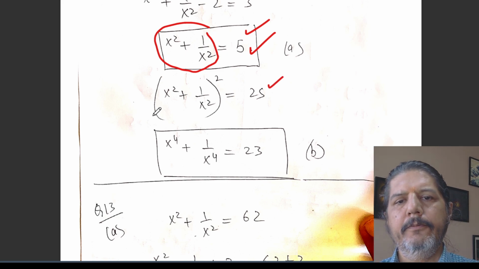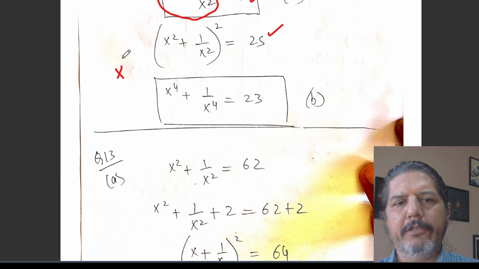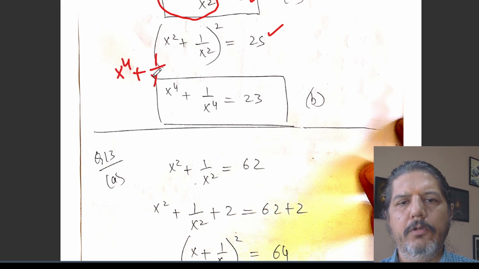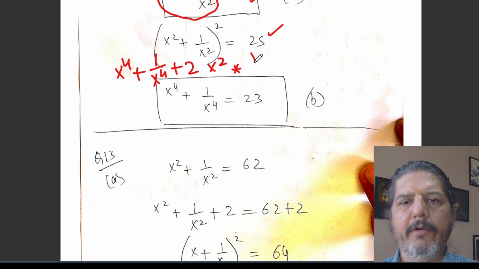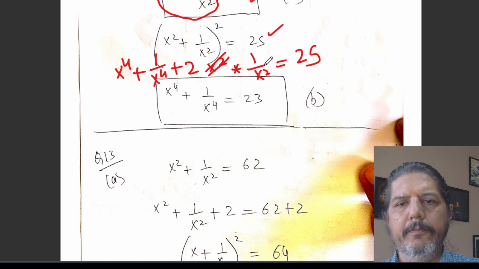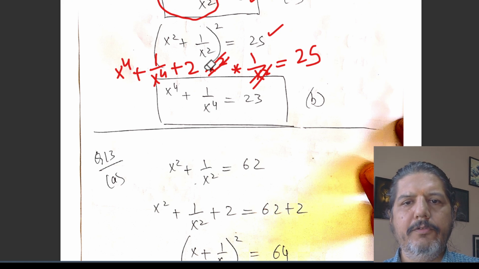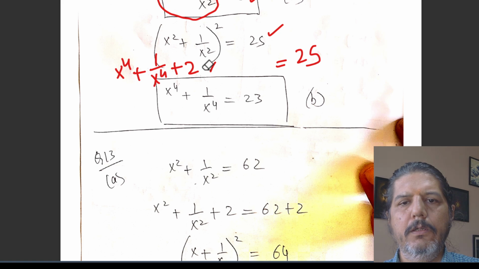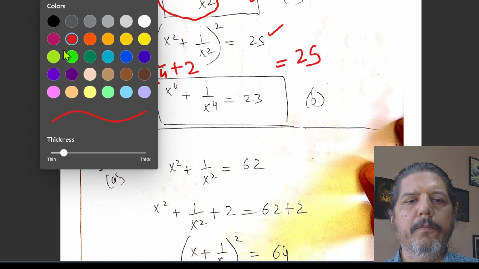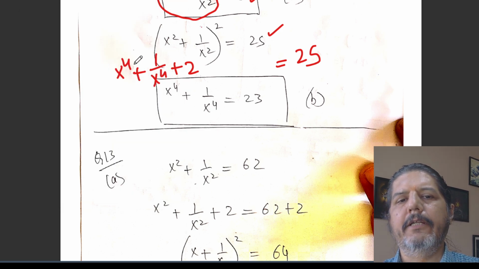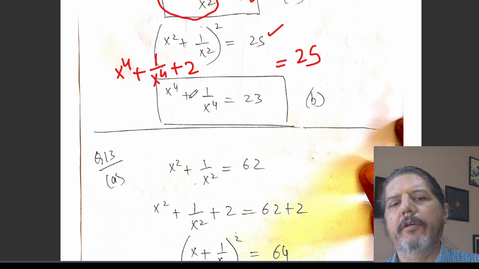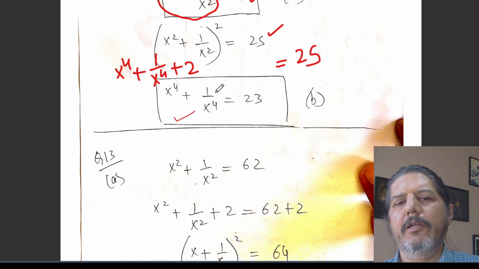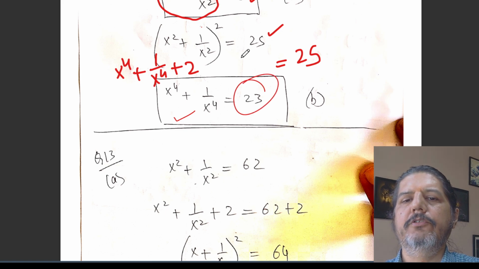When I expand this, it would be x4 plus 1 upon x4 plus 2 times x square multiplied by 1 upon x square, which is equal to 25. Again, this will cancel, so I'll be left with x4 plus 1 upon x4 plus 2 is equal to 25. Therefore, x4 plus 1 upon x4 would be equal to 23. 25 minus 2 is 23.